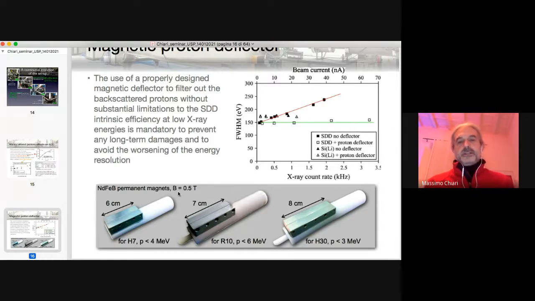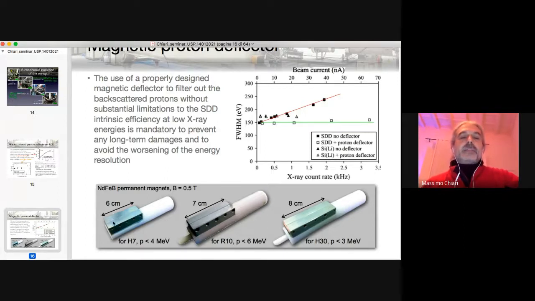The field was 0.5 Tesla, more or less, because there were permanent magnets, 2 slabs, and according to the size of the active area, so the diameter of the detector, we have to divert more or less. So we have to apply the force for more time.